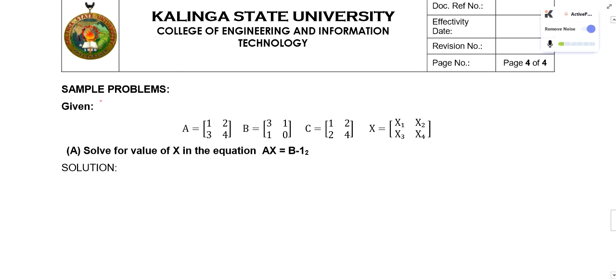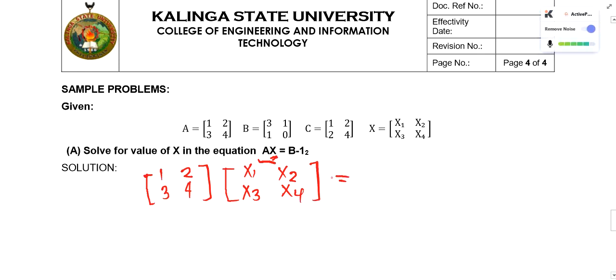So, yung unang gagawin natin, AX, ilagay natin yung matrix ng A, which is 1, 3, 2, 4, and then multiply by the matrix of X, which is X1, X3, X2, and X4.